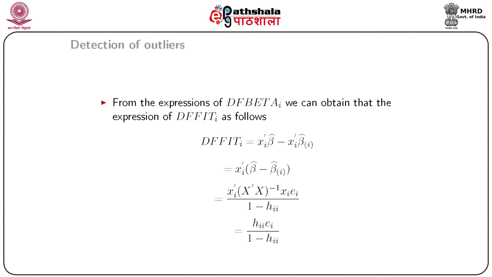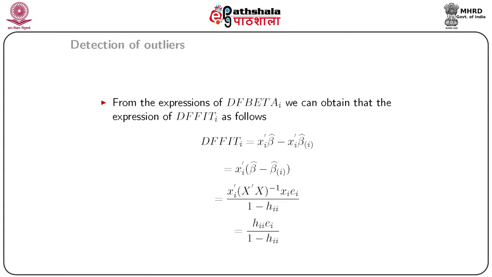DFFITS equals y_i hat minus y_(i) hat, where y_i hat can be written as x_i prime beta hat and y_(i) hat can be written as x_i prime beta_(i) hat, where we can write DFFITS equals x_i prime times beta hat minus beta_(i) hat, and we have already obtained the expression for beta hat minus beta_(i) hat.